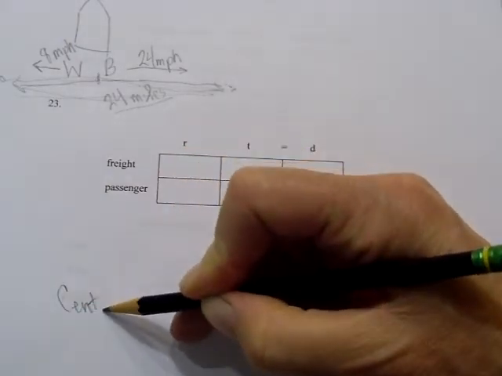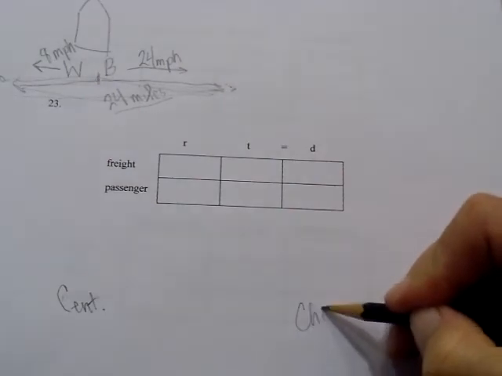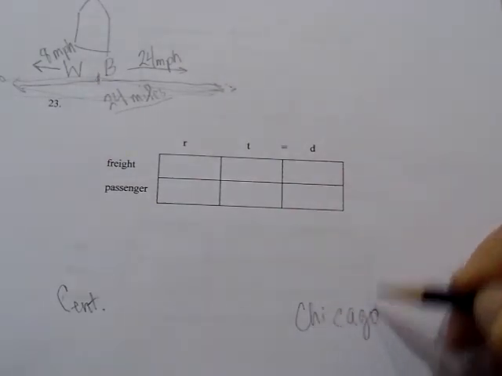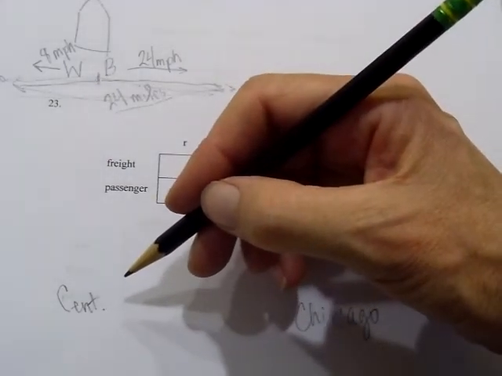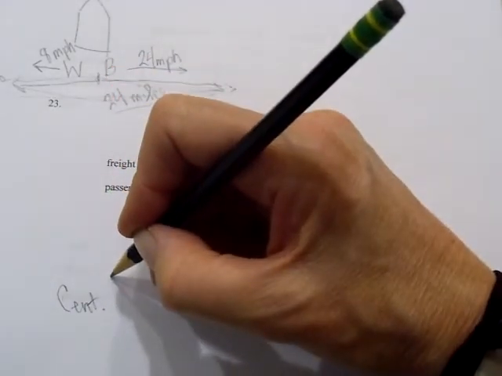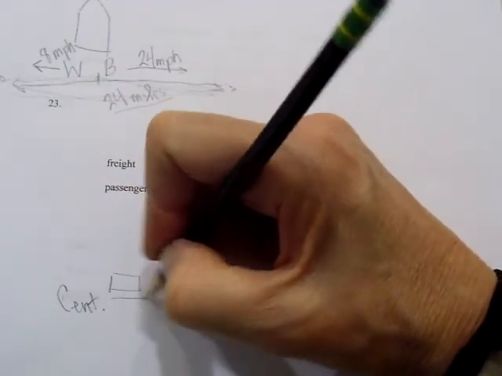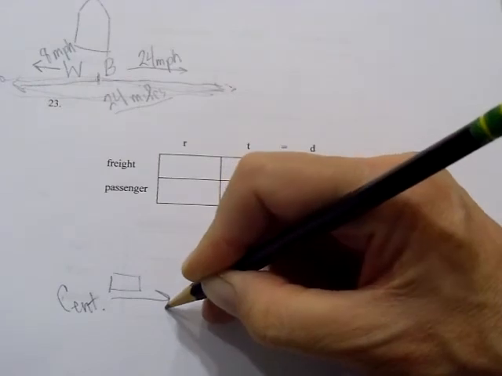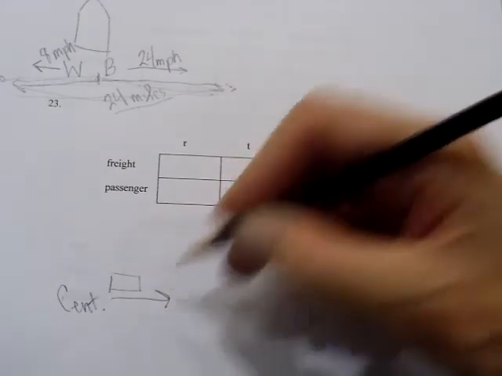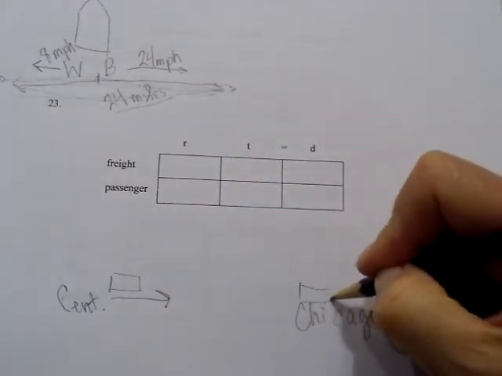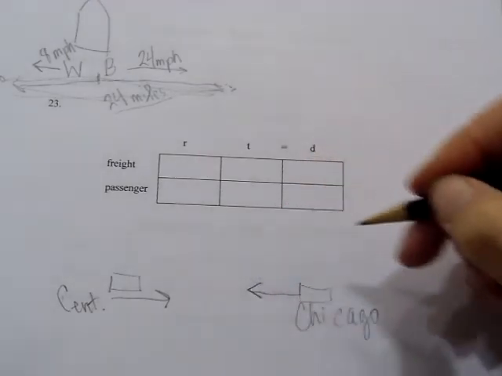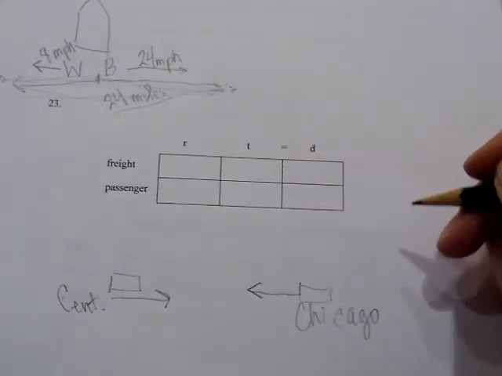Here's the Centriella, and we'll put Chicago over here. Okay. And we have a freight train that leaves. Here's our train. It leaves for Chicago. And then we have a passenger train here that's leaving for Centriella. I don't know if I'm pronouncing that right or not.